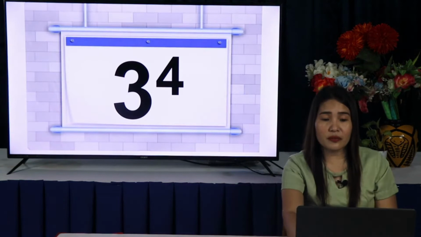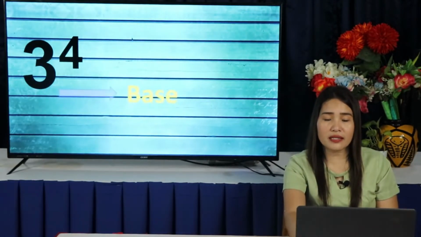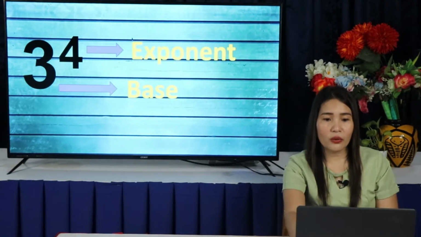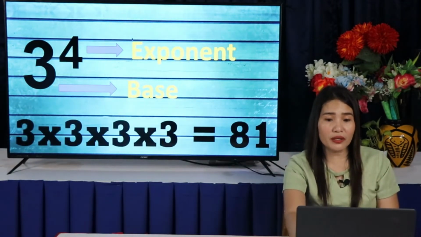Say you are given the expression 3 raised to 4. Which number is the base? What about the exponent? In the given expression, 3 here is our base and 4 is our exponent, or it can also be called power or index. Exponent is the small number written above the number that indicates how many times you will multiply the base by itself.